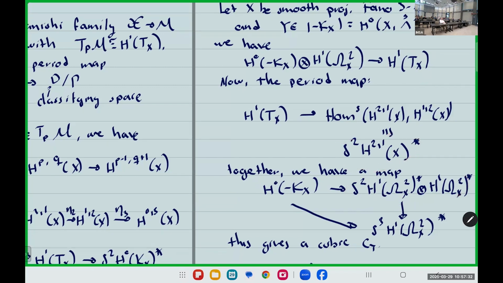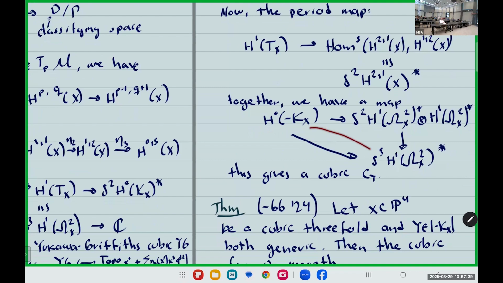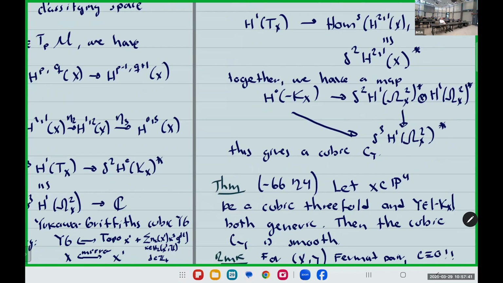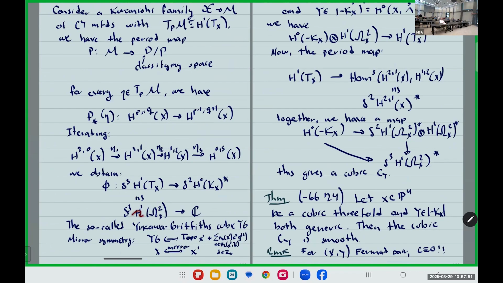In this way, every time I fix a y in the anti-canonical linear system, I will obtain a cubic on S^3 of H^1 of Ω^2 dual, and this will also give a cubic. If you compare with the absolute case, just by equalizing this, we obtain a very similar cubic, but this time, of course, it depends on the fact that we fix the boundary, that we fix y.